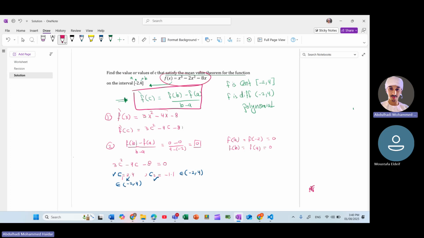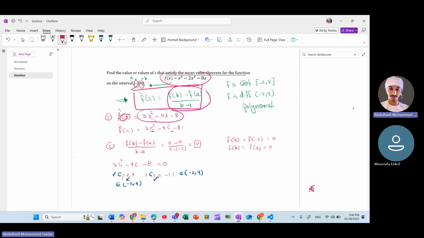But the formula says f prime of C, not f prime of x, so you have to change the variable from x to C. Then find the right side, which is f of b minus f of a over b minus a. Where are a and b? This is a, which is -2, and this is b, which is 4.